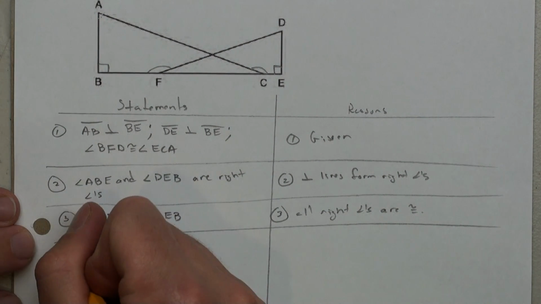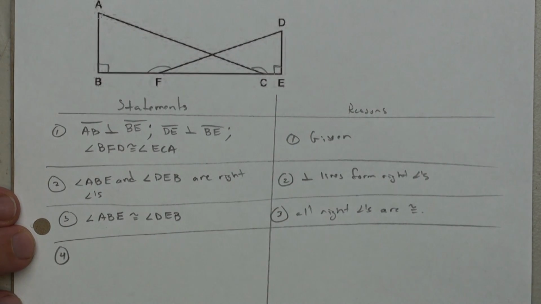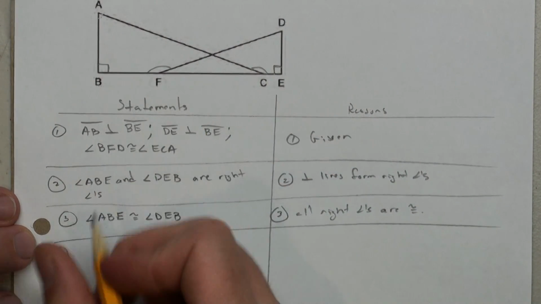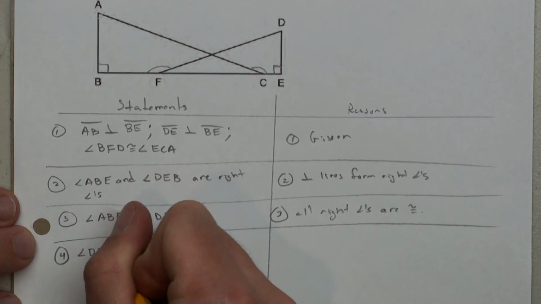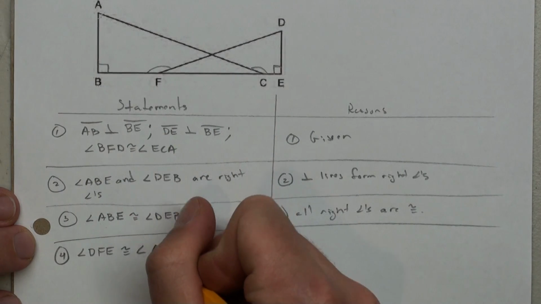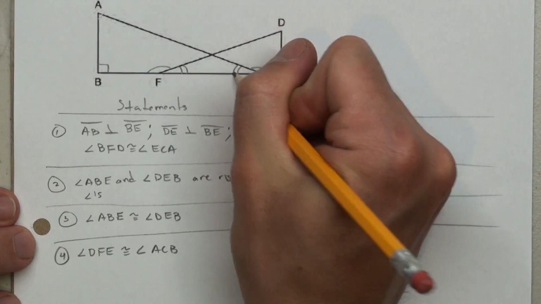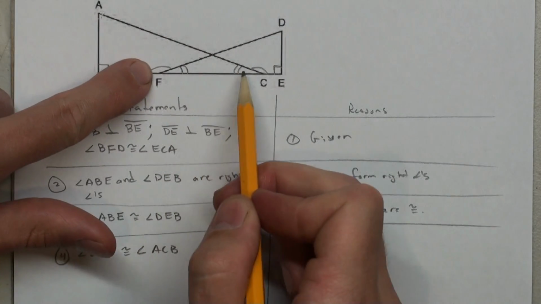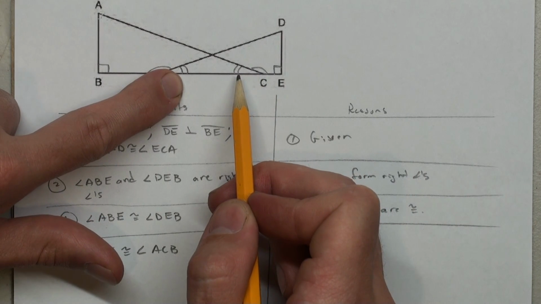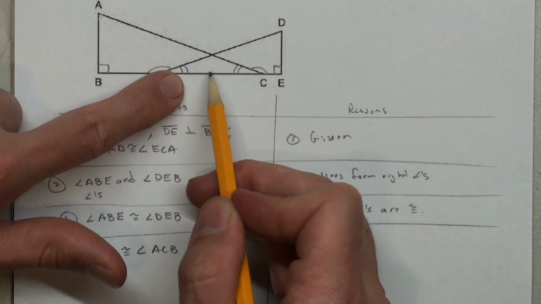Okay. Now, so we know one angle is congruent to another. All we have to do is show one more angle is congruent, and we can do that very easily by saying angle DFE is congruent to angle ACB, and we know that because since these two angles they told us were congruent, obviously their supplements are congruent, right? Because if each one of these was 100, then their supplements would be 80, so they would be congruent also.